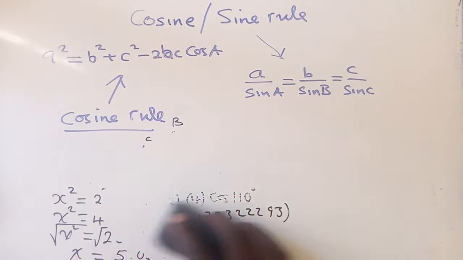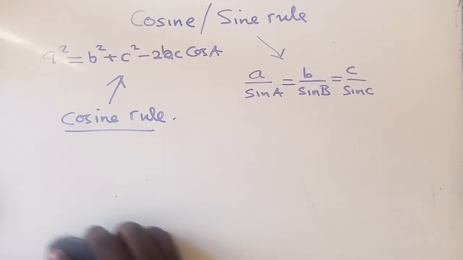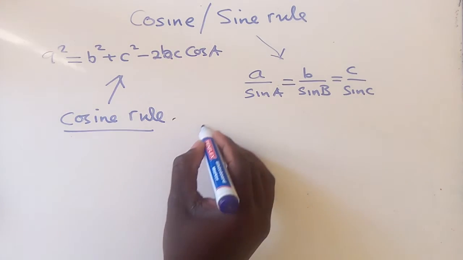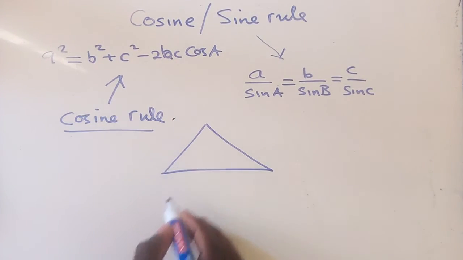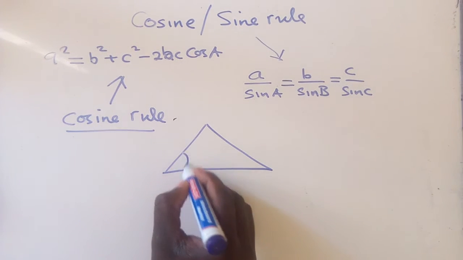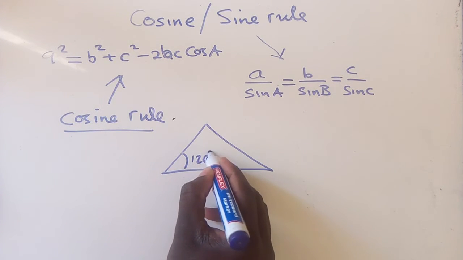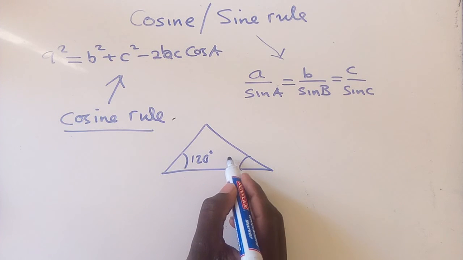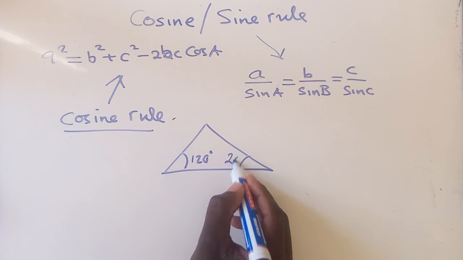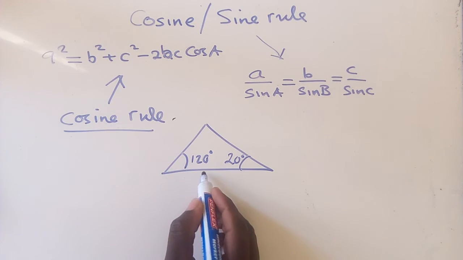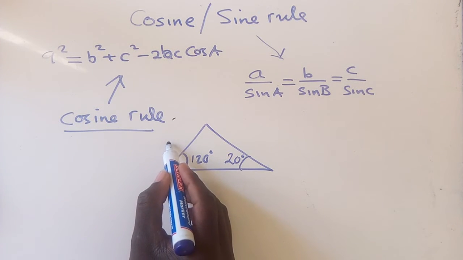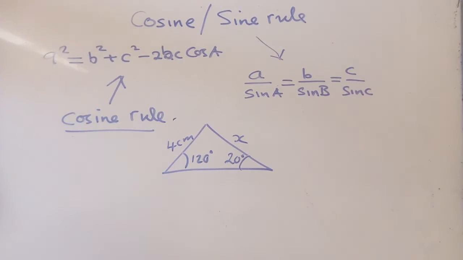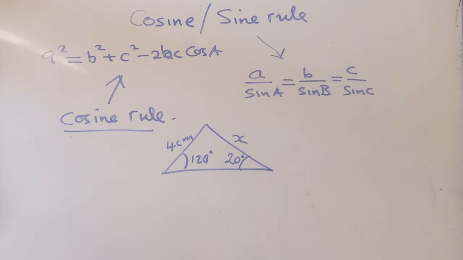Let's see how the sine rule works. Say you have a non-right-angled triangle like this, with one angle of 120 degrees and another angle of 20 degrees. They have given the length 4 centimeters here, and they want the value of x.